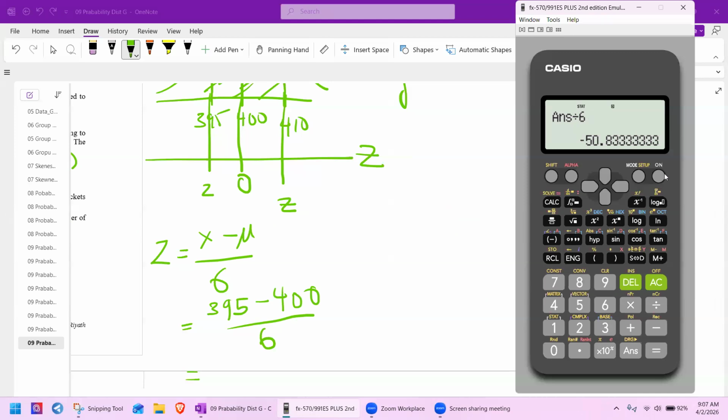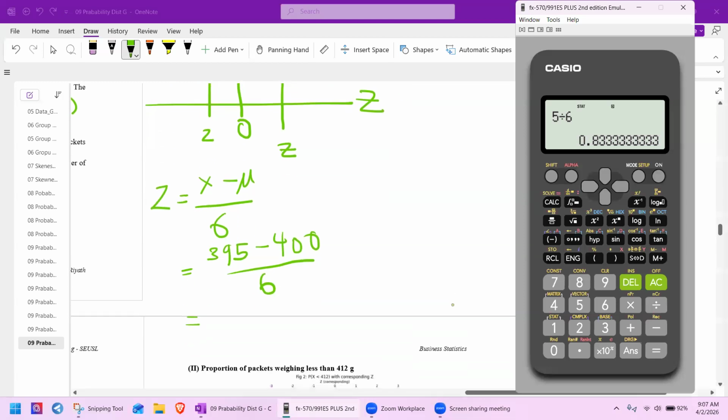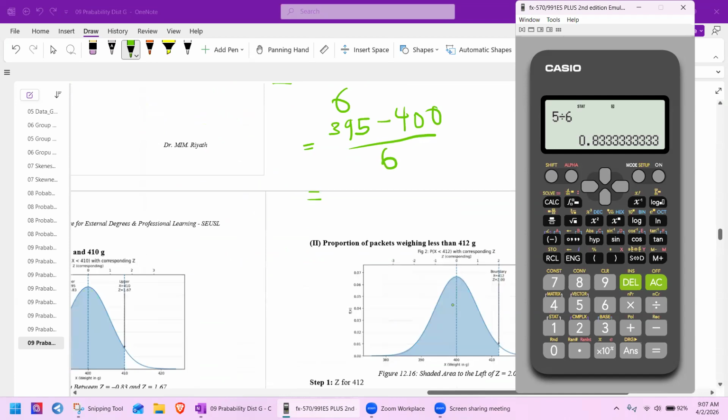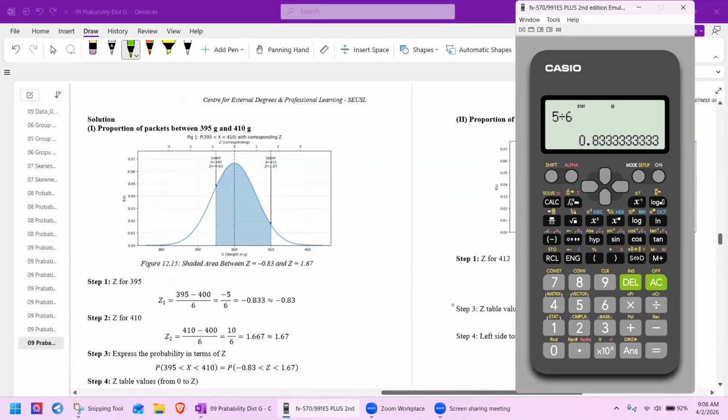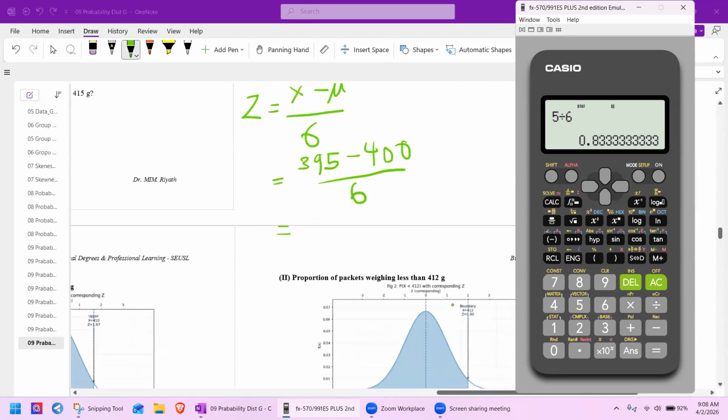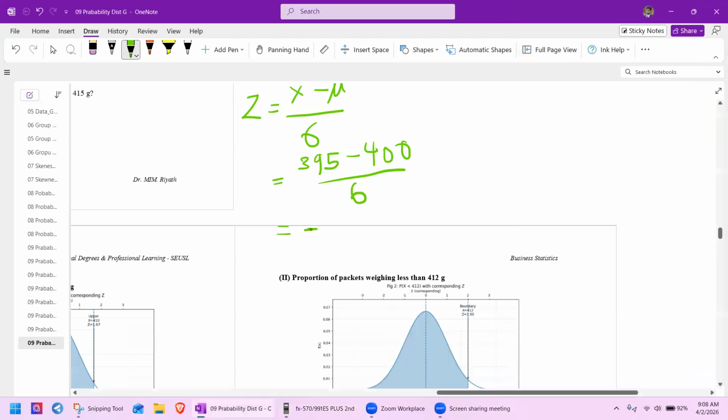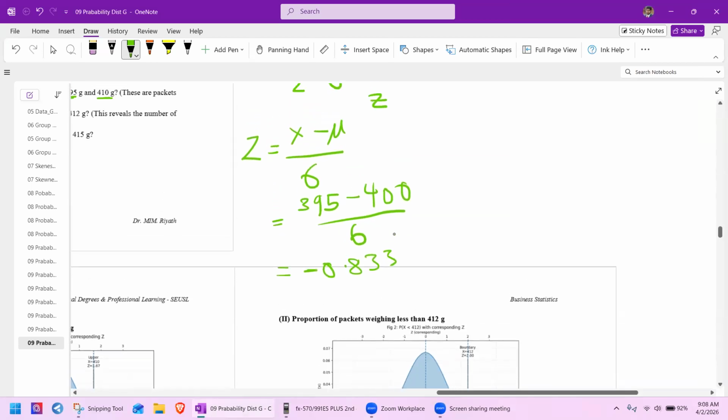Sorry, there are some mistakes. That is minus 5 over 6, which is minus 0.833. Is it right? Yes, sir.